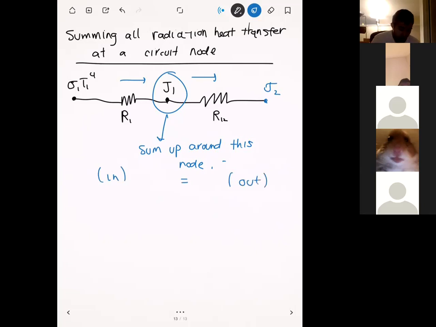Coming into this node, we have just one contribution, from sigma T1. The heat transfer coming in is sigma T1 to the fourth minus J1, all divided by R1. This is equal to all the heat transfer going out, which is J1 minus J2 divided by R12.